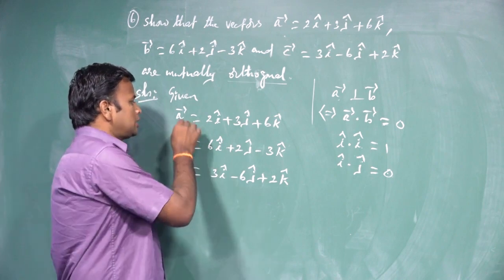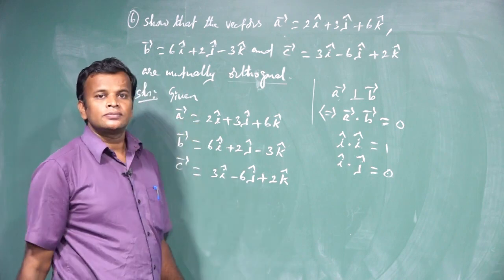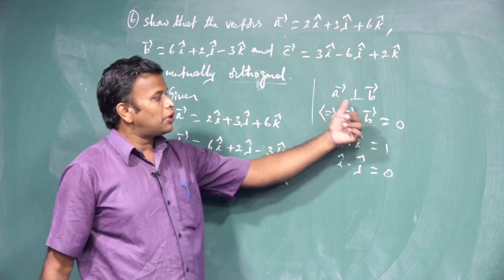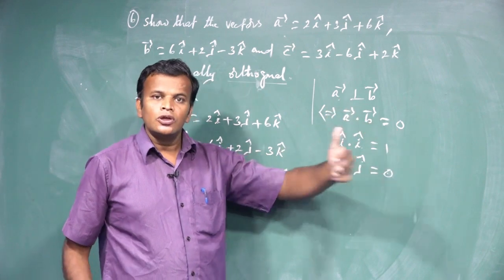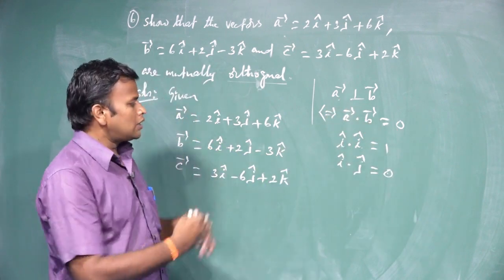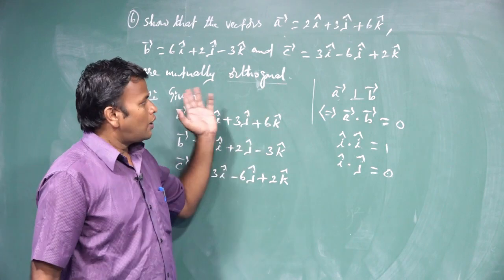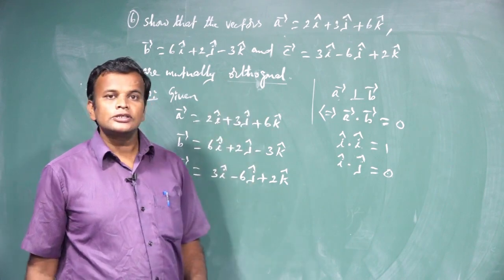Next, now to check the dot product of these vectors. Suppose all the dot product values become 0, we come to the conclusion that the given vectors are mutually orthogonal. Another name for orthogonal is perpendicular.